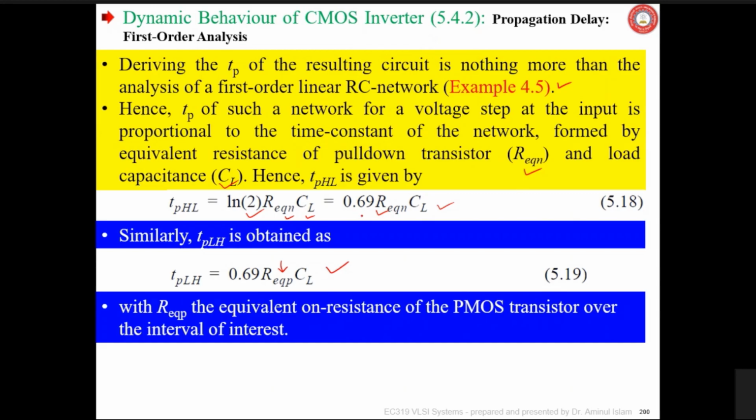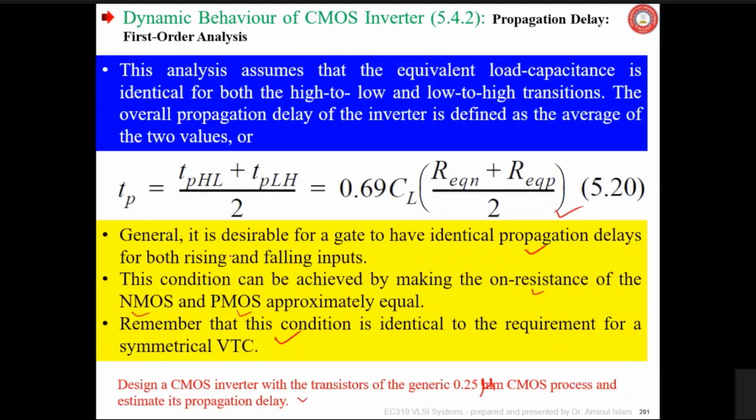And whatever I was telling is 0.693 and the equivalent resistance of NMOSFET or PMOSFET, which we have already discussed with that equation. And TP finally is given. It is considered at the 50% point. So I think you can understand that it was 0.693 I was telling.